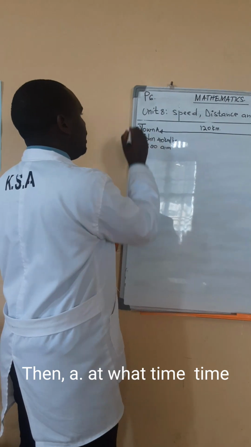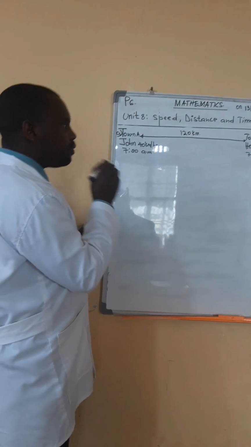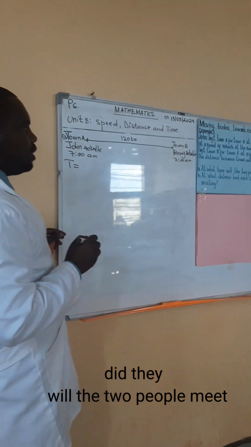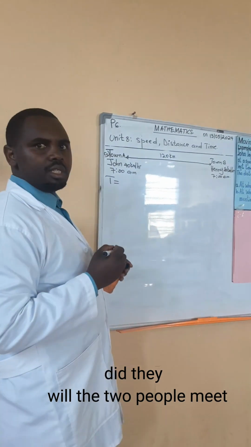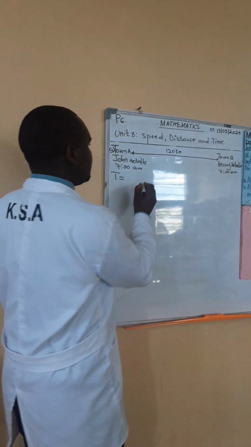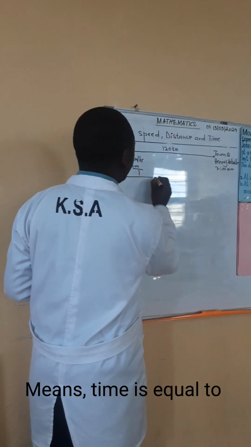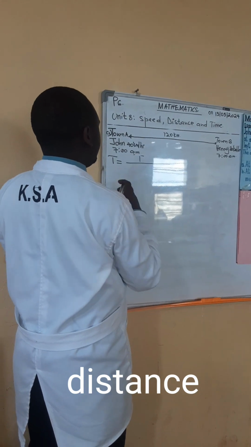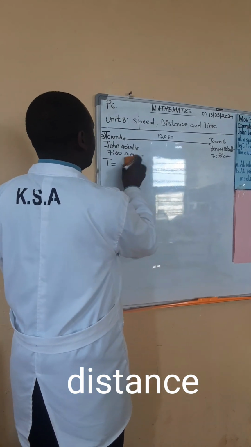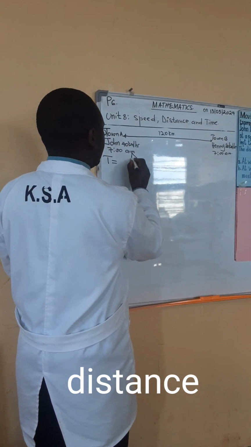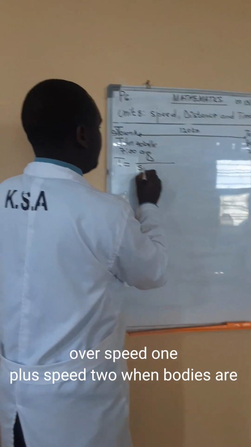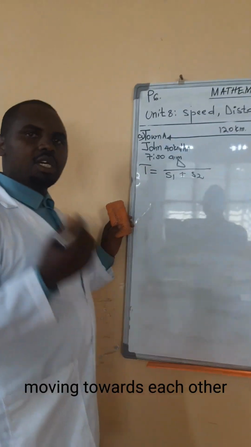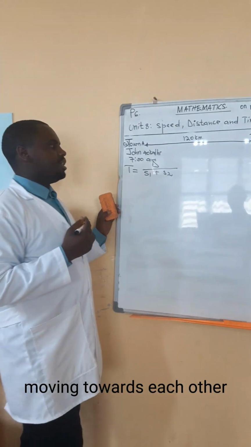Then A. At what time will the two people meet? Means time is equal to distance over speed 1 plus speed 2 when bodies are moving towards each other.